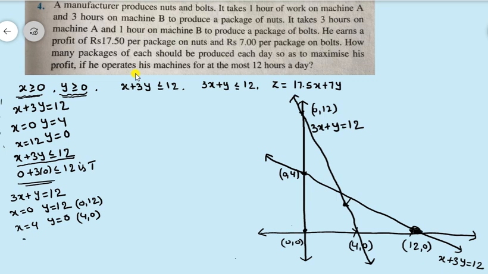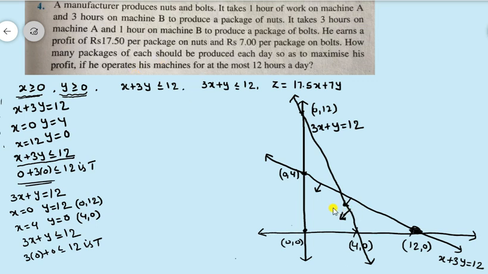Here also we have to shade the inequality 3x plus y less than or equal to 12. Substitute 0, 0: 3 into 0 plus 0 is less than or equal to 12, which is true. So 0, 0 satisfies, and we shade towards the origin. Earlier also towards the origin, now also towards the origin. So what is the common portion?